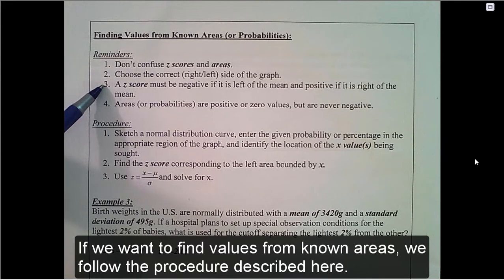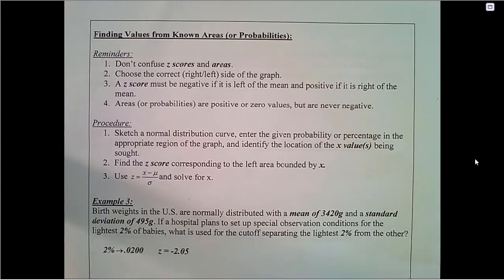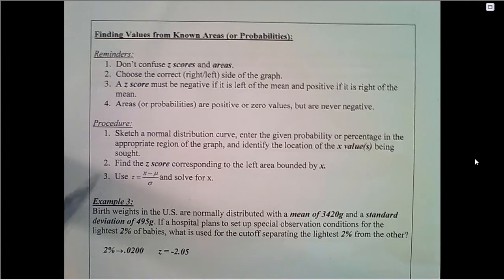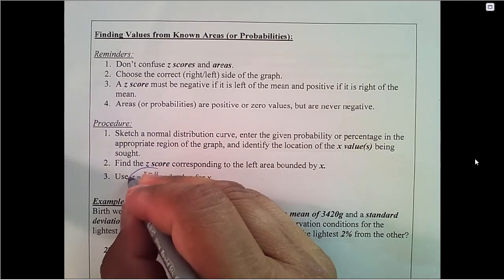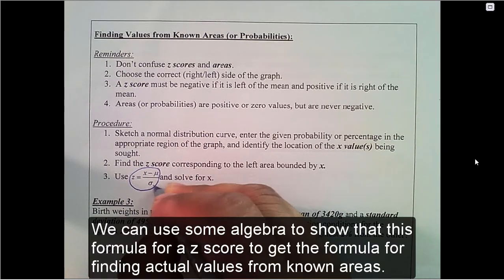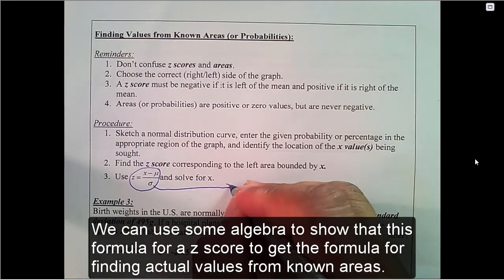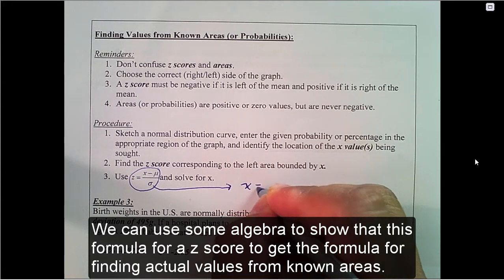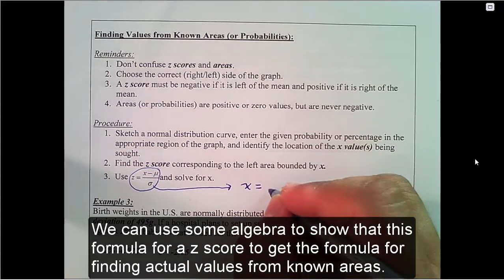If we want to find values from known areas, we follow the procedure described here. We can use some algebra on the formula for a z-score to get the formula for finding actual values from known areas.